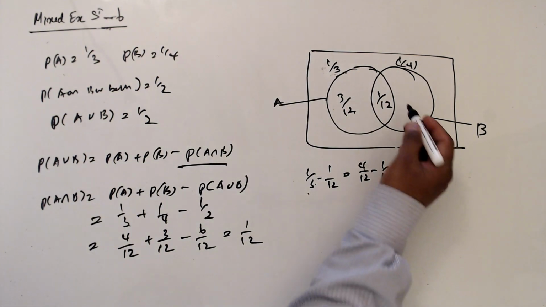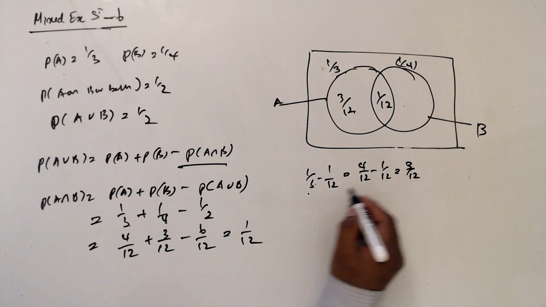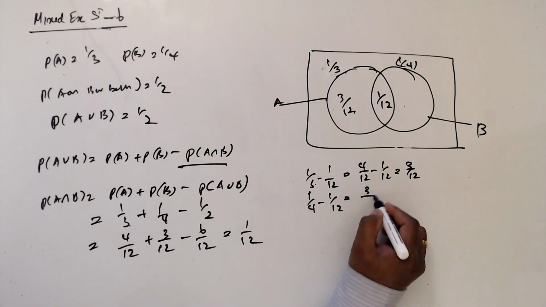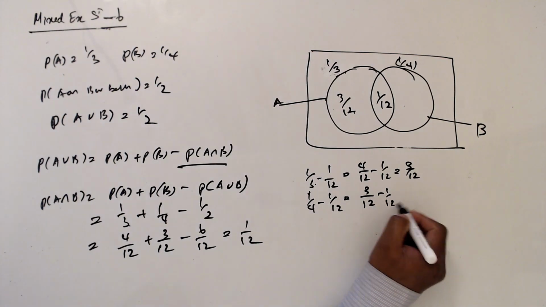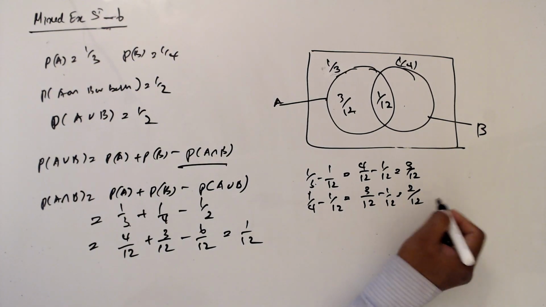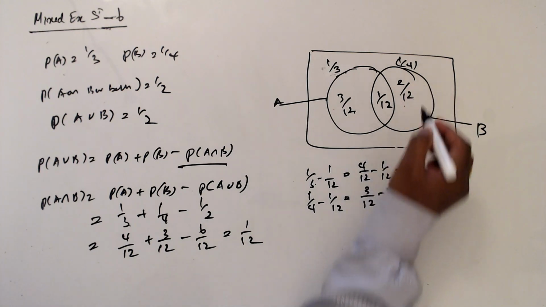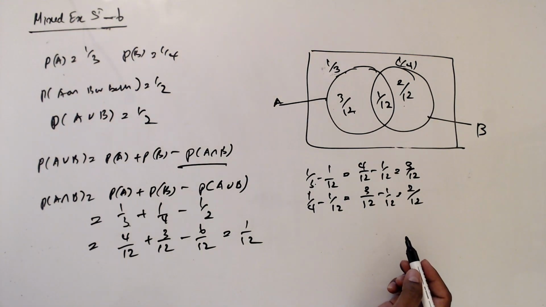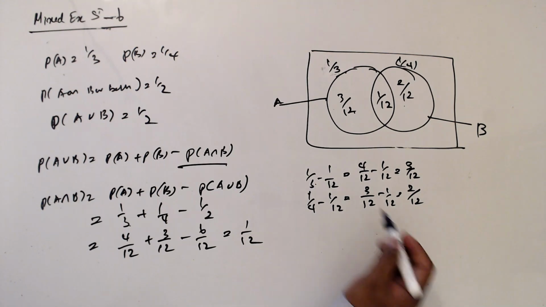And this is going to be 1 out of 4 minus 1 out of 12. This is 3 out of 12 minus 1, this is 2 out of 12. So 1 out of 6. And now we have the remaining.